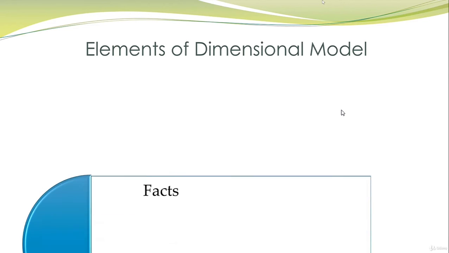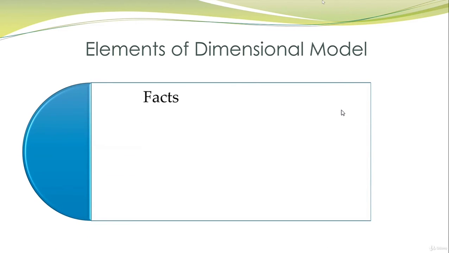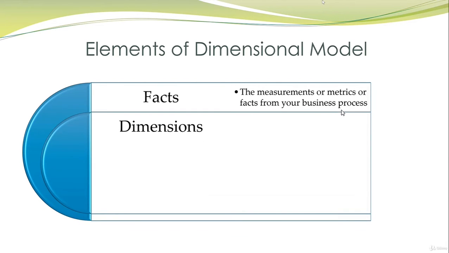These are the facts. Facts are numeric values that result from investigating the outcome of a business process. An example of a fact is the amount sold in a retail sales transaction. Facts can be combined and viewed in many ways with the help of dimensions. Dimensions provide the context of a business process.